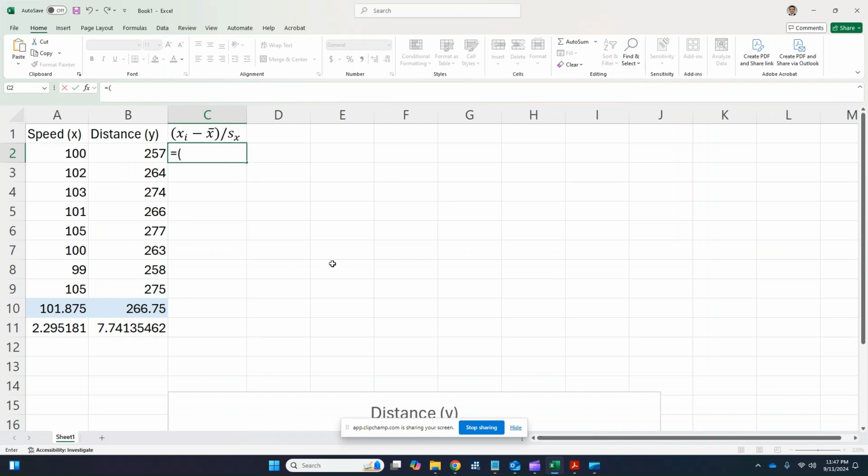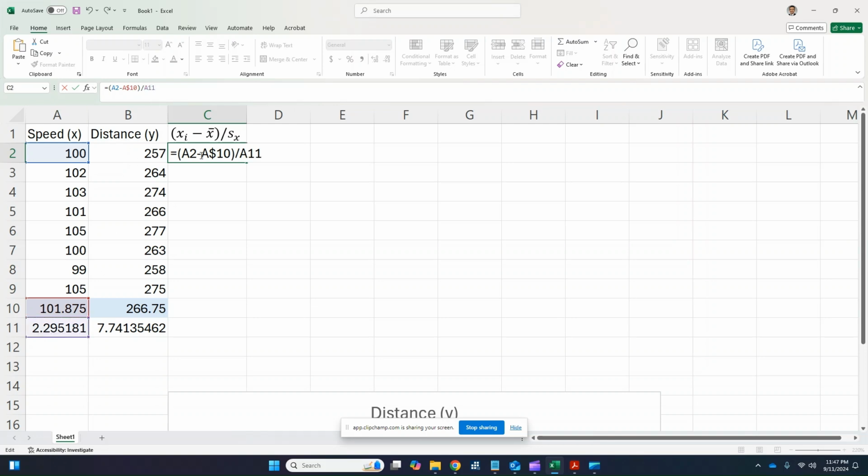So parenthesis, then this minus the sample average, this. And I'm going to put a $ sign here so that this row doesn't change. I have fixed the row number, which is 10. Then I'm going to close the parenthesis and then divide by the standard deviation of x.